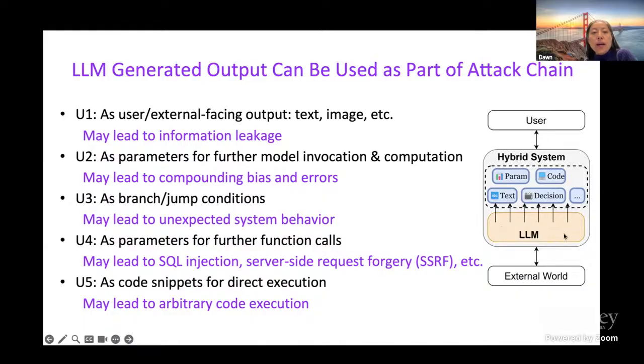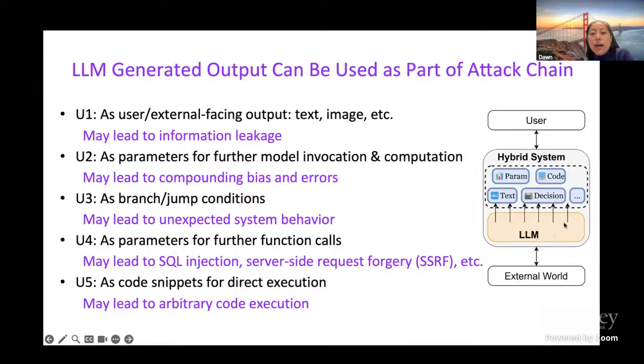The LLM outputs also can be used for further model invocation and computation in the rest of the hybrid system as well. So in this case, issues in the outputs could lead to compounding bias and errors in the rest of the system in further computation.